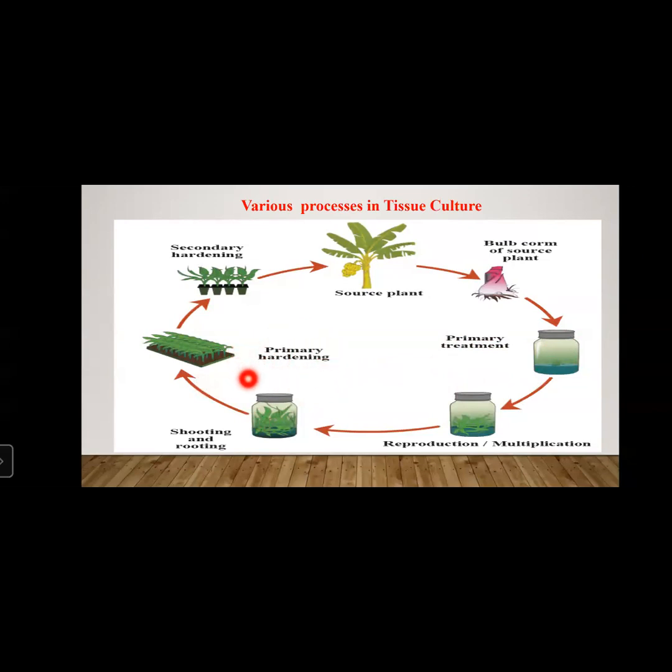Primary hardening is carried out within this setup. Once they grow to a particular height, these plants are then transferred into the pots and finally into the fields for getting the production. Now, this takes a very short period of time as compared to growing in the natural habitat.